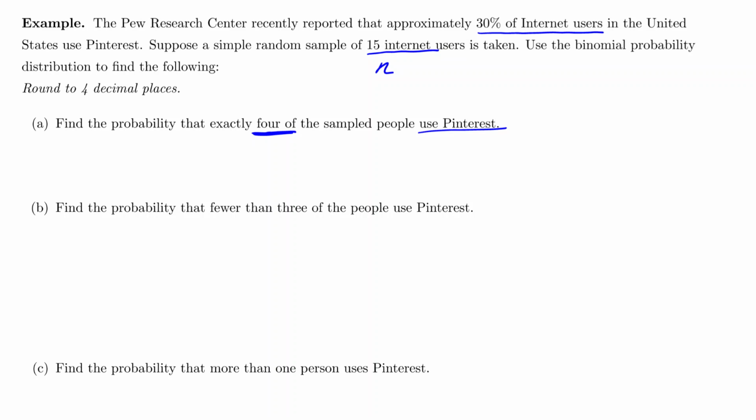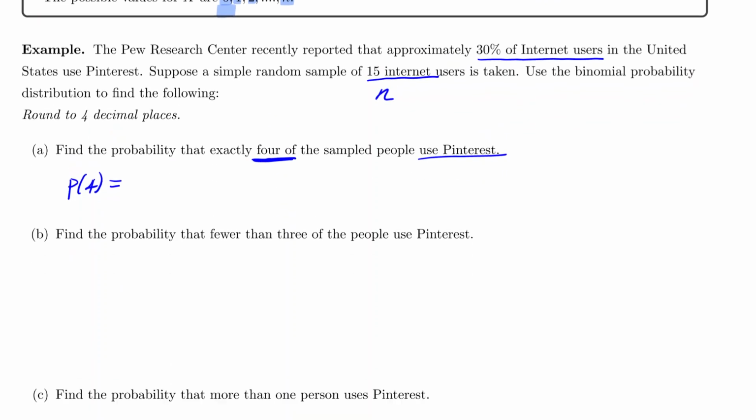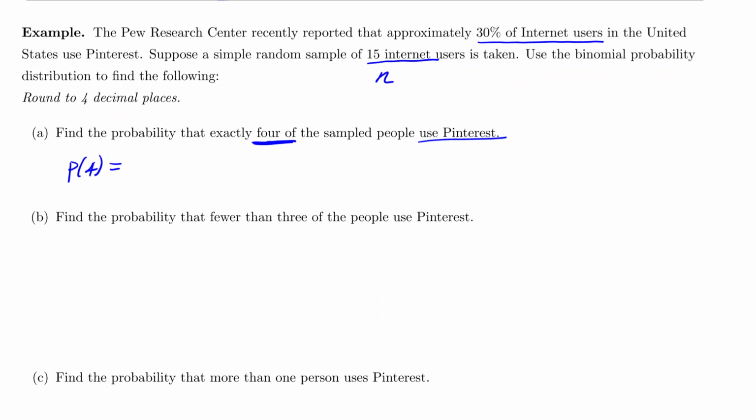So let's apply the formula. We're finding the probability P of 4, so we use this formula. Before we actually use the formula, it's a good habit to list all the variables we need. We know n is 15 in this context because there are a total of 15 internet users.